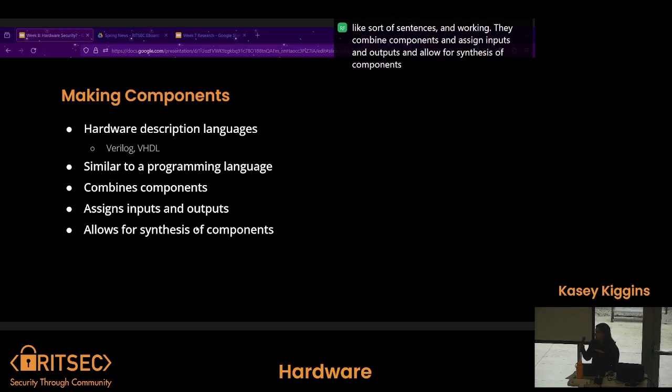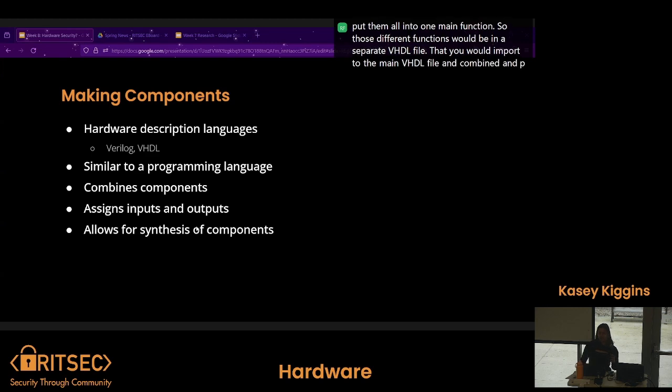So combining components is like, say you have some sort of computer program and you have different functions and then you put them all into one main function. Those different functions would be in a separate VHDL file that you would import to the main VHDL file and combine and port map them.